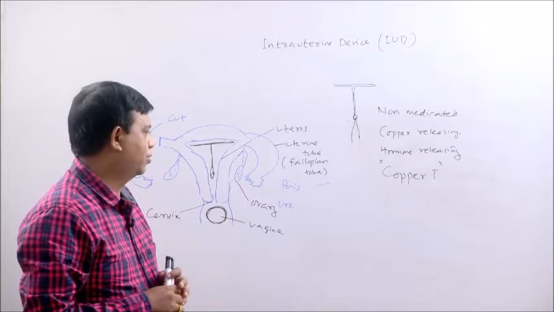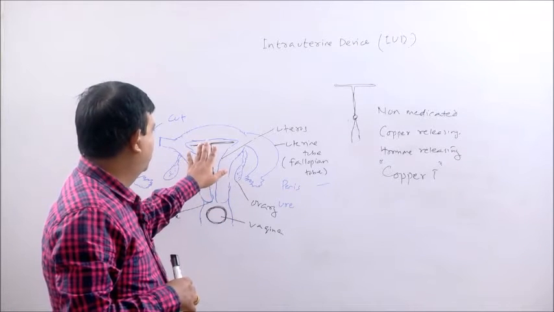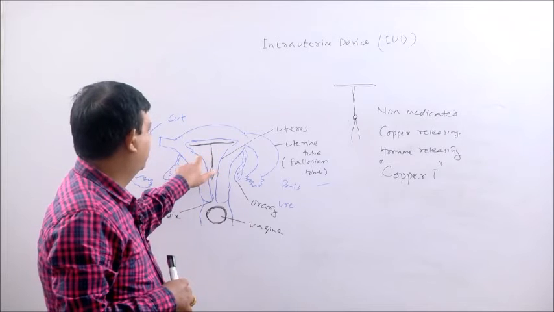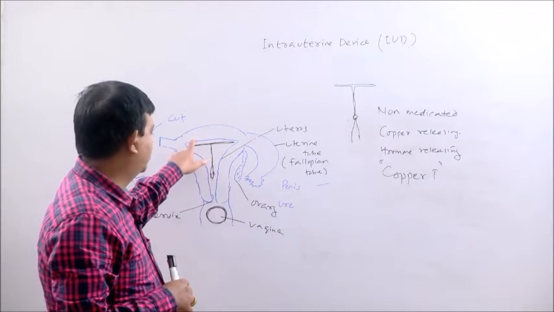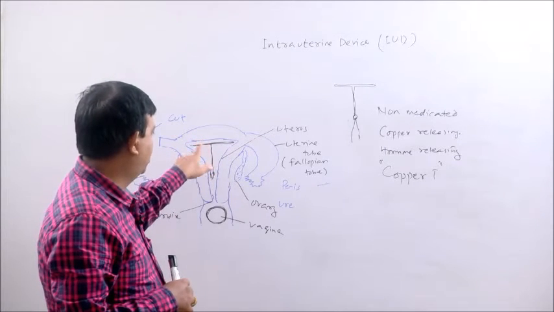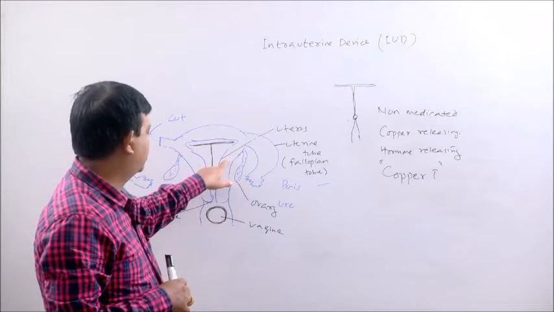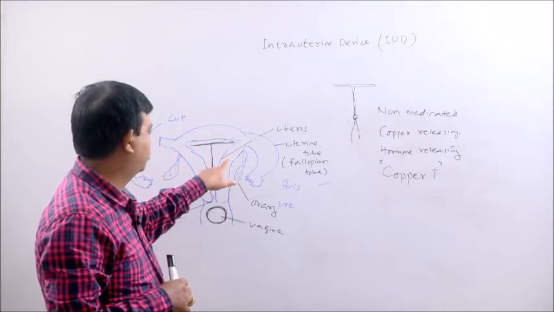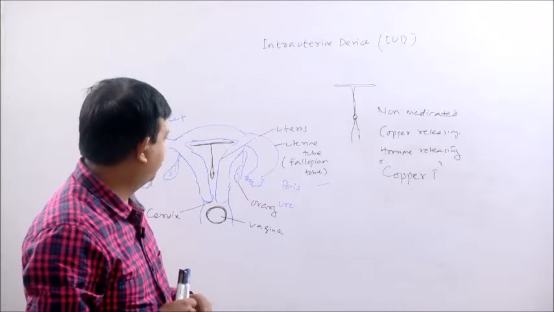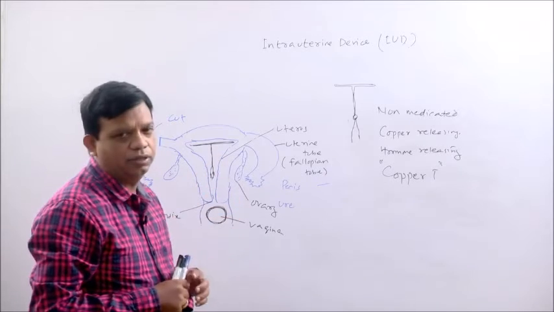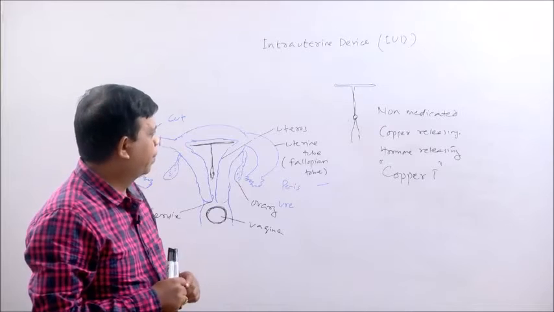There will be inflammation, and the sperms which enter the uterus become subjected to phagocytosis. Because of irritation and inflammation, there will be migration of phagocytic cells to the uterus, and those phagocytic cells will destroy the sperms which enter the uterus. So this will prevent conception.